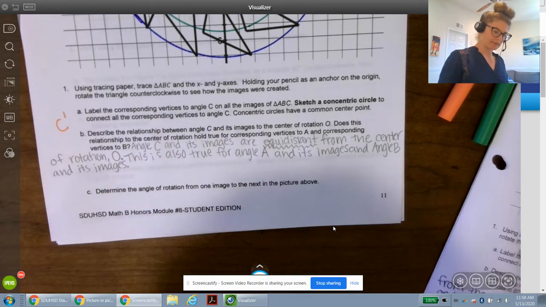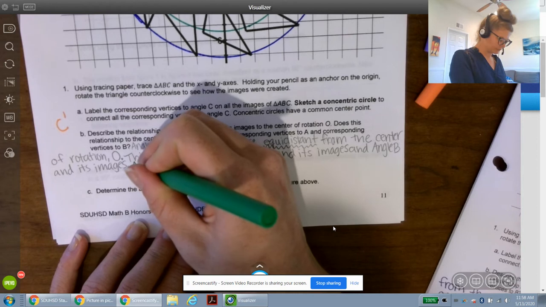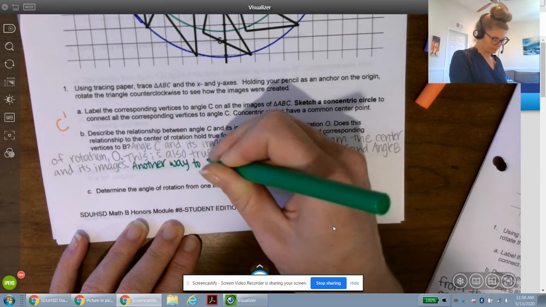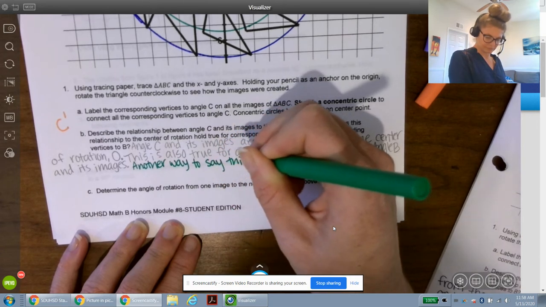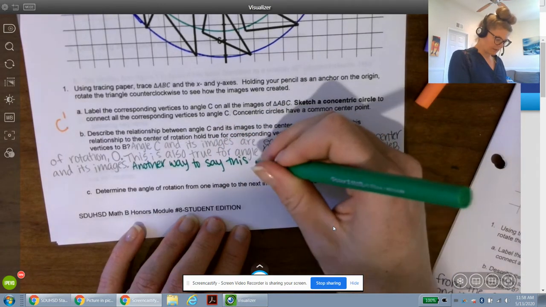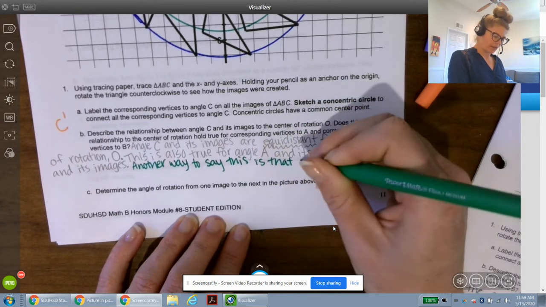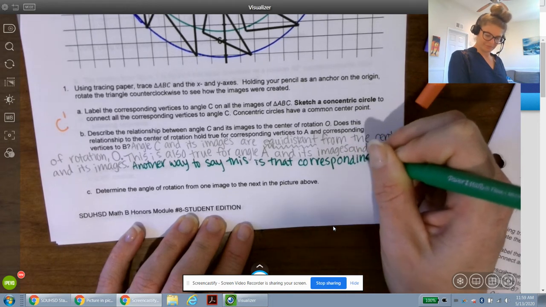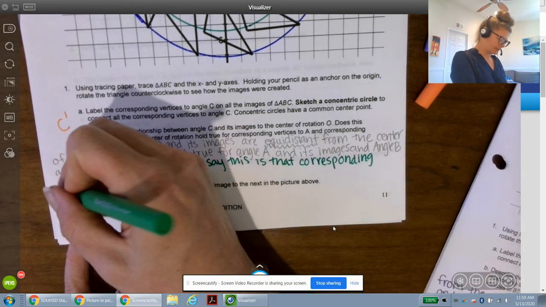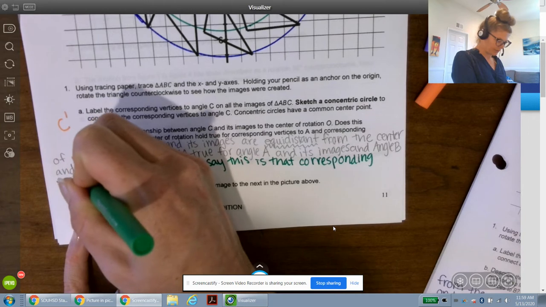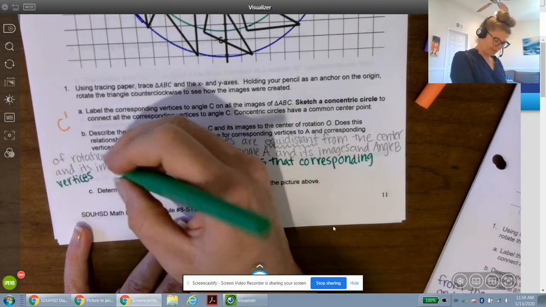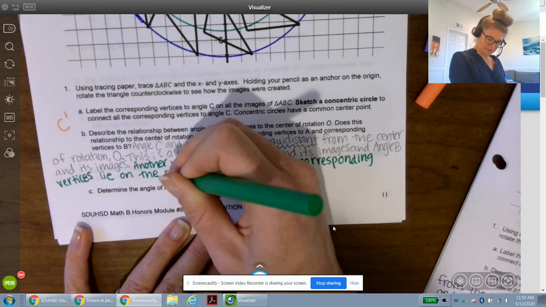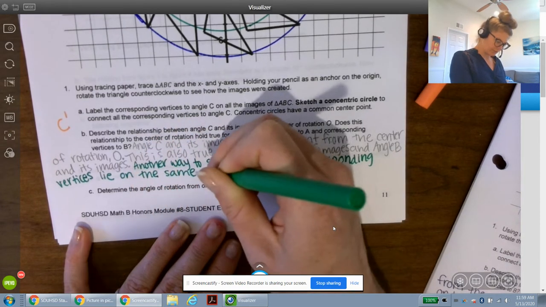Another way to say this is that corresponding angles, corresponding vertices, that's what words they're using, lie on the same circle.